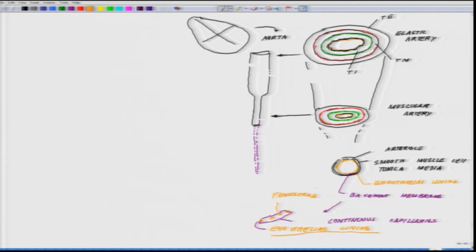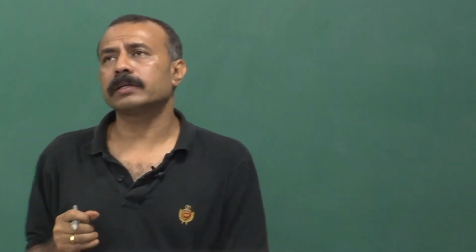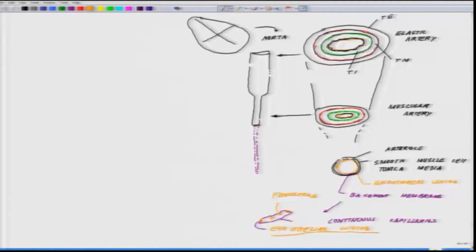Fenestrae are the windows where exchange of gases and other particles takes place. So this is the only place where the integrity of the structure is kind of being compromised big time. So this is the narrowing which is happening.